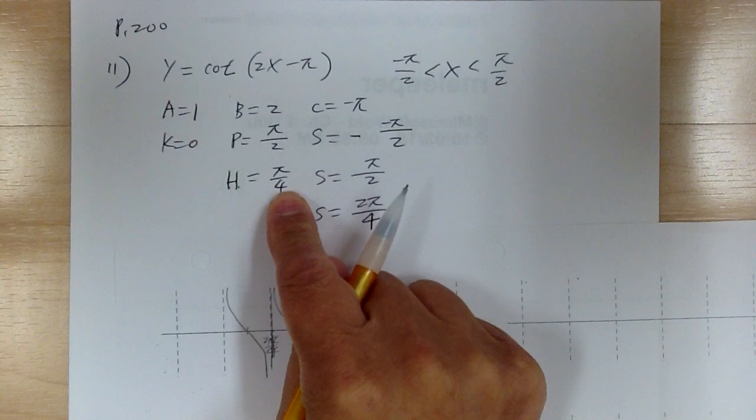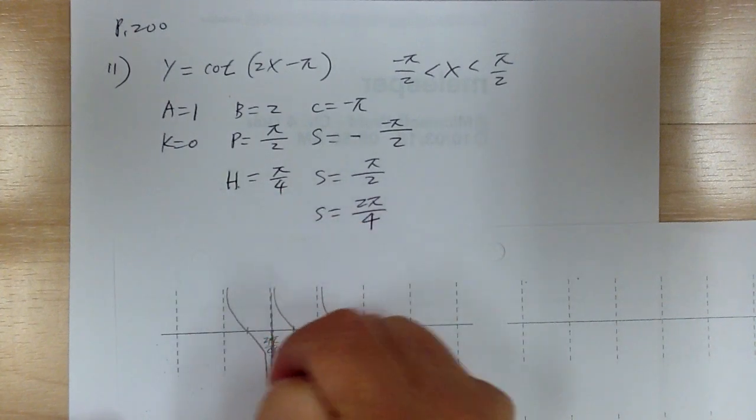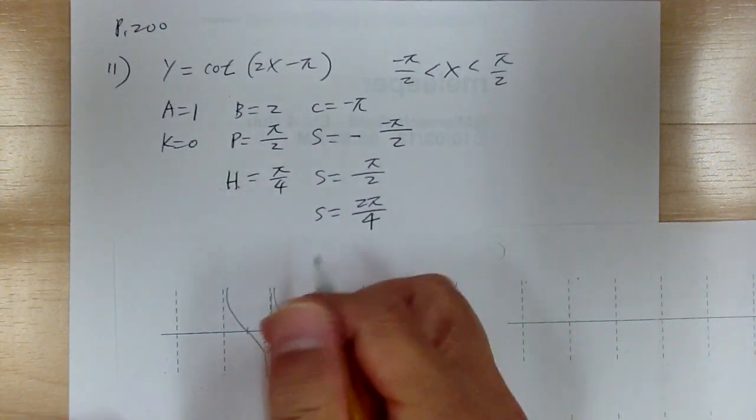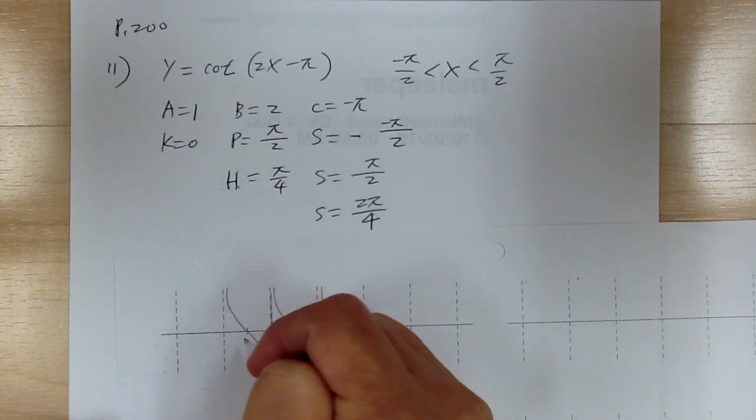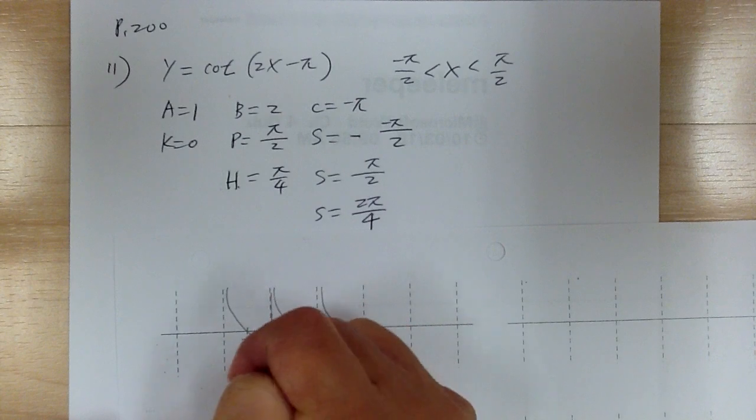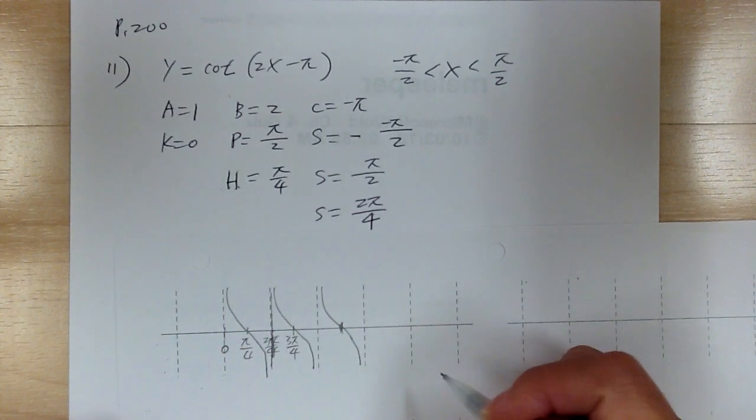And the h is pi over 4. So this is 2 pi over 4, and each division is pi over 4. This would be 3 pi over 4, and you go backward, this would give you pi over 4, and here 0.